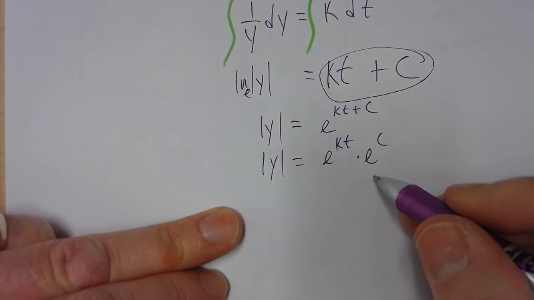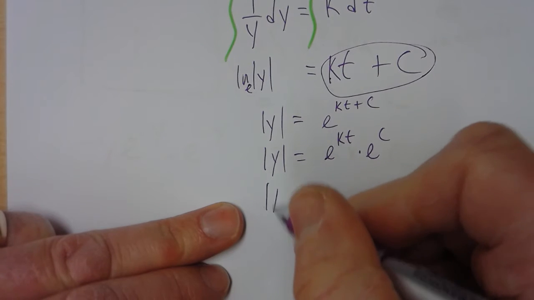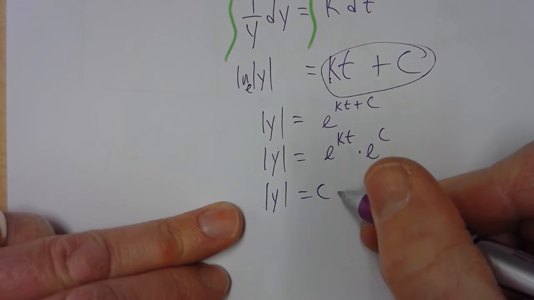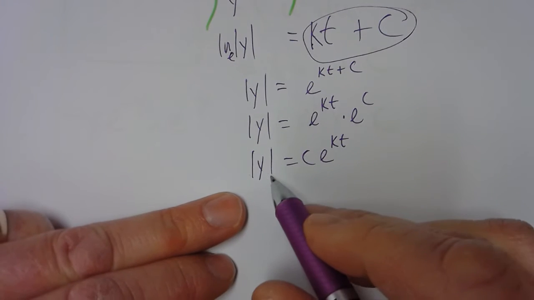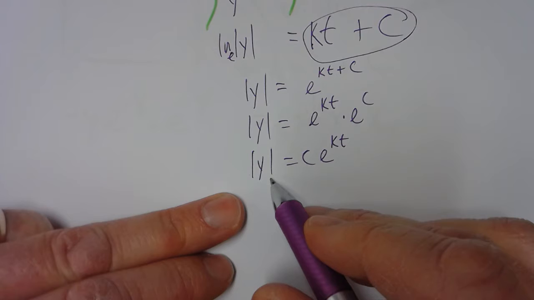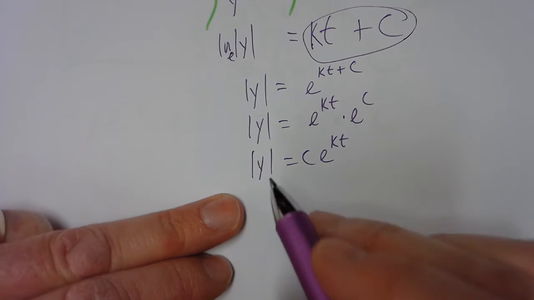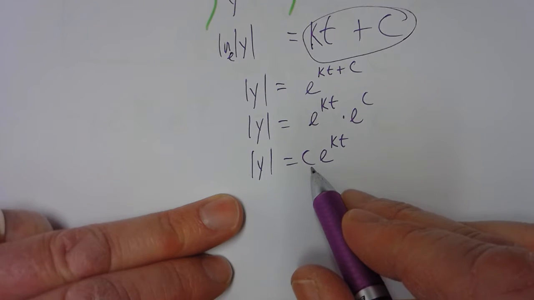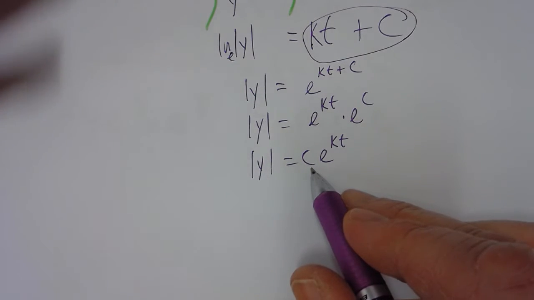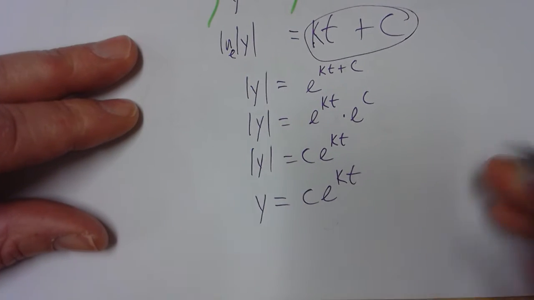Well, e to the c is just some constant, so we make that a constant again. So we have c e to the kt. And the absolute value of y is the plus and minus thing. Well, the plus and minus gets absorbed in the c, so y is equal to c e to the kt.